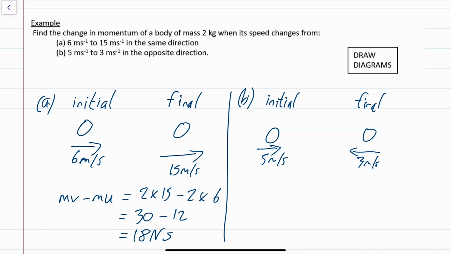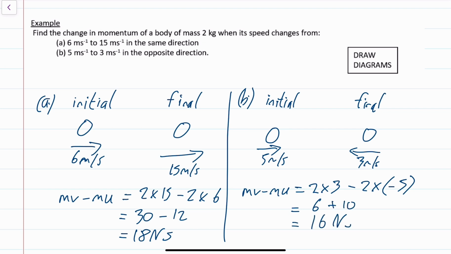For this one, we'll say our mv minus mu, the mass is still 2, so it's 2 times the final, which is 3, minus 2 times my initial. If I've taken my final as positive 3, my initial then, because it's going in the opposite direction, is minus 5. It's going the other way. So that's going to be 6 plus 10, which is going to be 16 newton seconds.